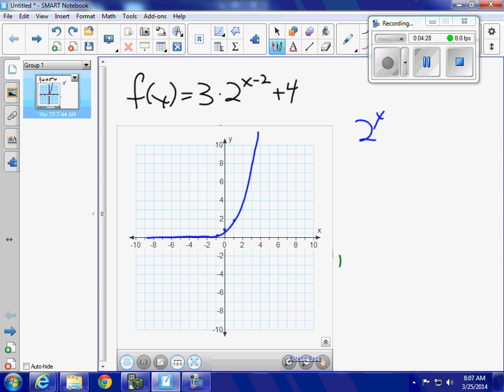Will there be a horizontal asymptote for the transformed function? Well, when I'm just using my parent function, I know that my horizontal asymptote is y equals 0. It's going to be the x-axis.